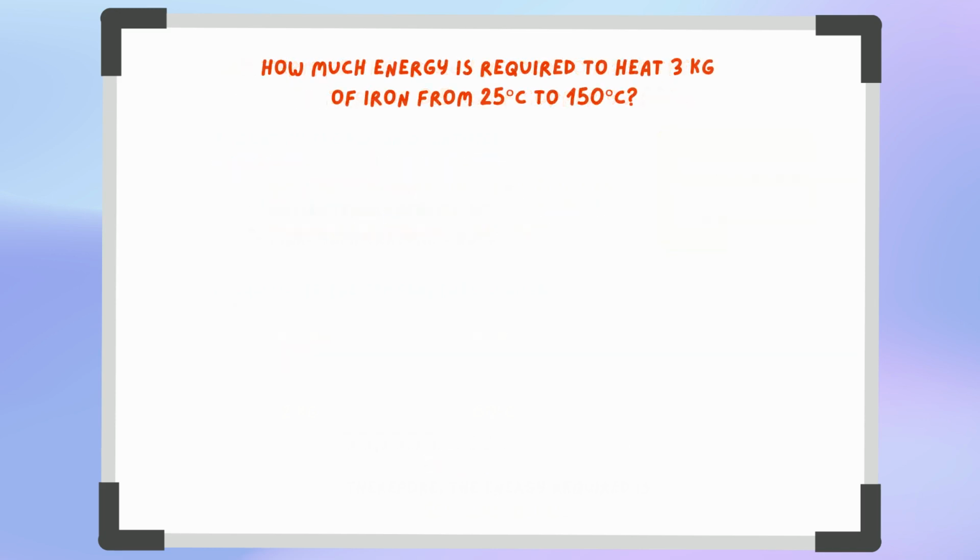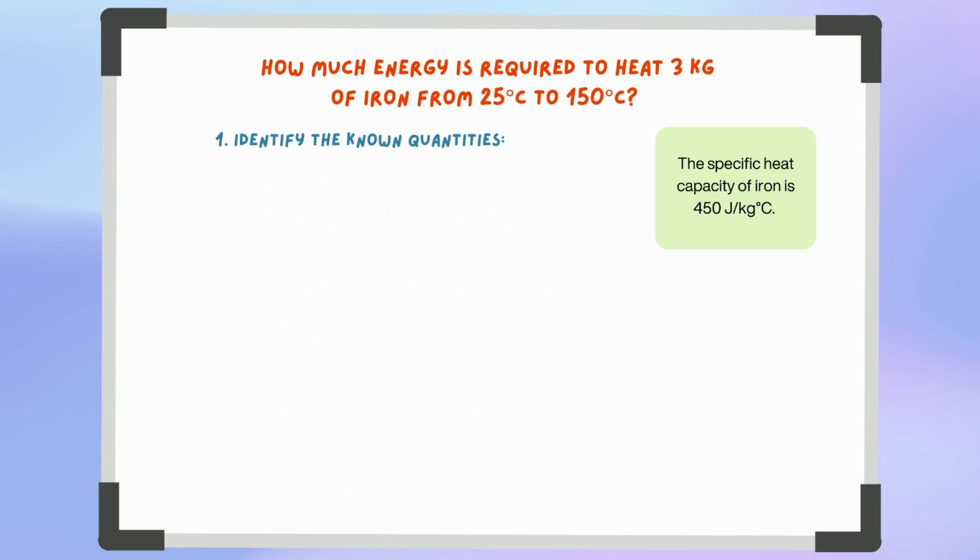How much energy is required to heat 3 kilograms of iron from 25 degrees C to 150 degrees Celsius? The specific heat capacity of iron is 450 joules per kilogram degrees C. First, identify the known quantities. Mass equals 3 kilograms.